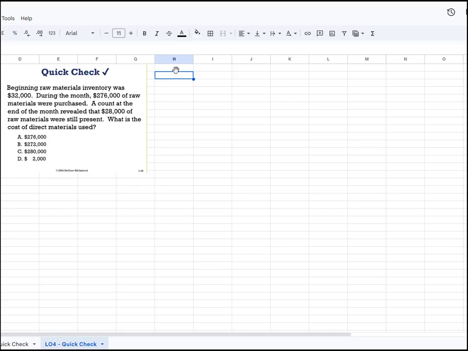Okay, so we have our Excel. Let us remember our in equals out. So if we have our beginning raw materials, or because it's all raw materials, I'll just say beginning. We have our beginning of 32,000, and then we were told that we had some purchases of $276,000 here.